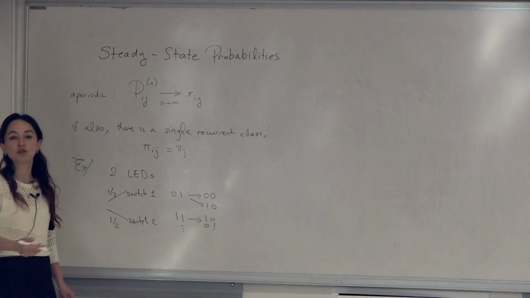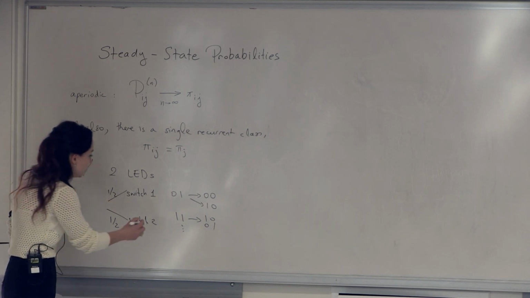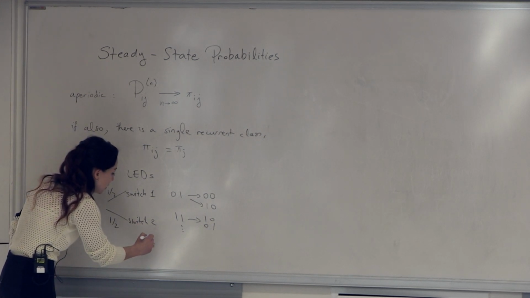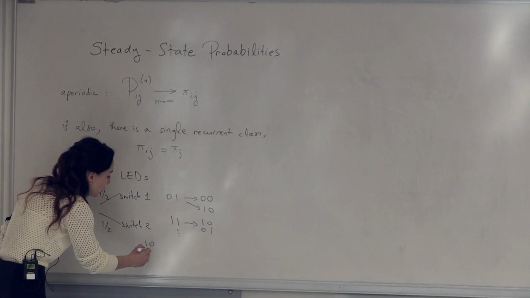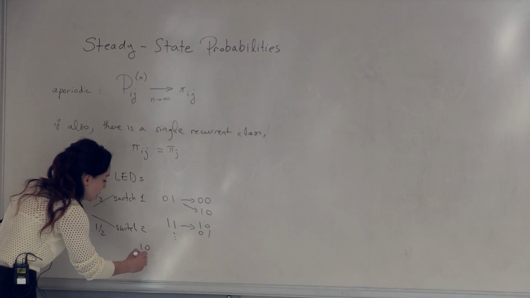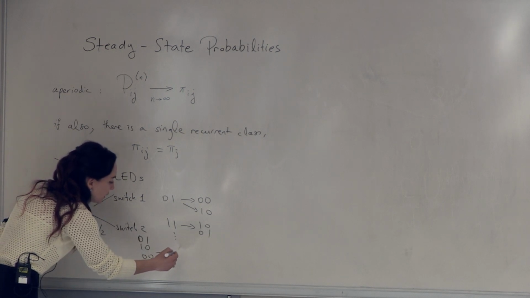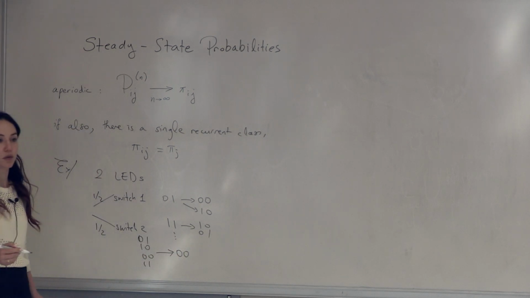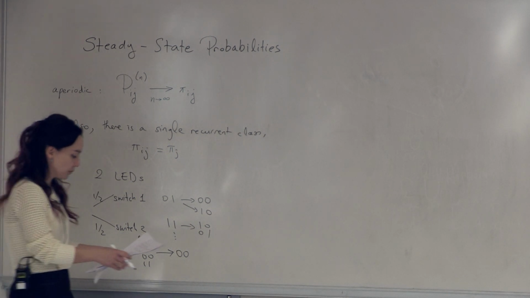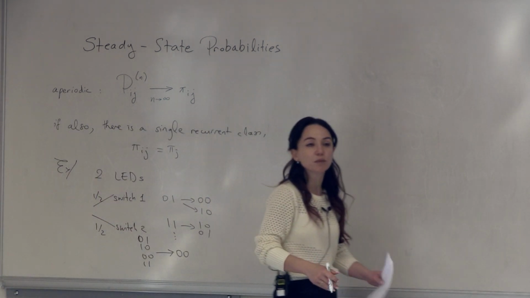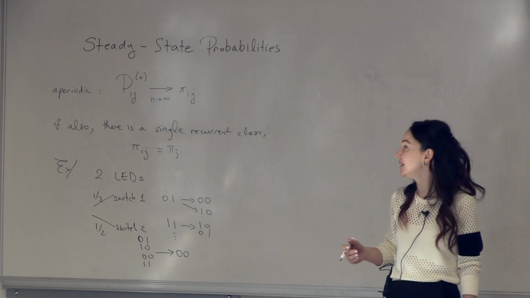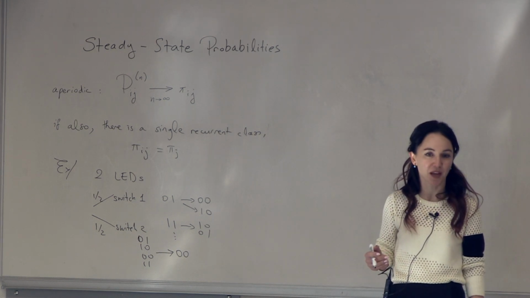If switch 2 is chosen, then both LEDs are turned off, whatever their original state is, so the resulting state will be 0, 0. Let's model this process as a Markov chain.